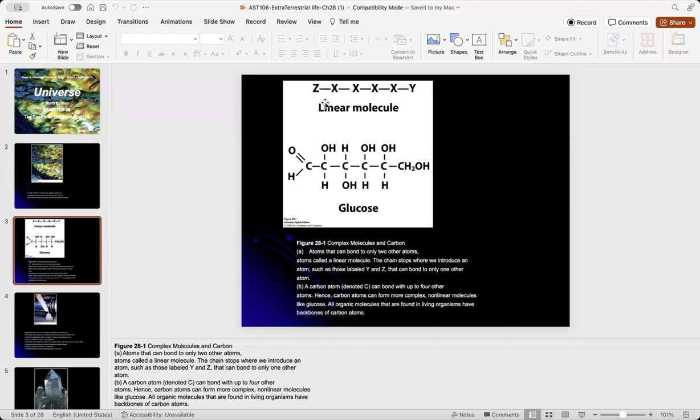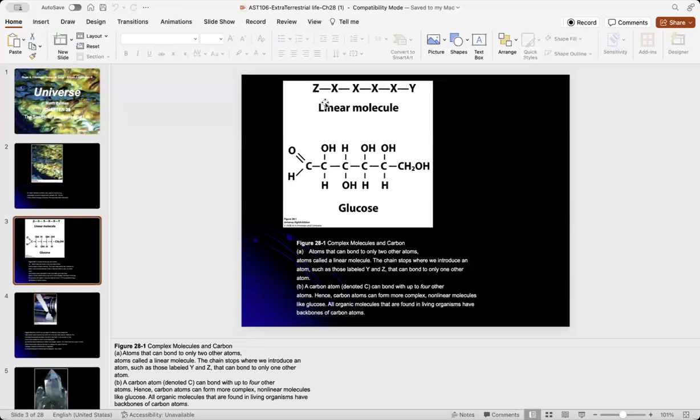But the moment it connects to a single bond atom, the chain will break and it will stop. So it will not make very long chains, and it will not make complex molecules, which is what is needed for life.